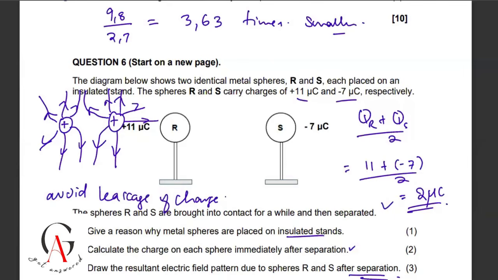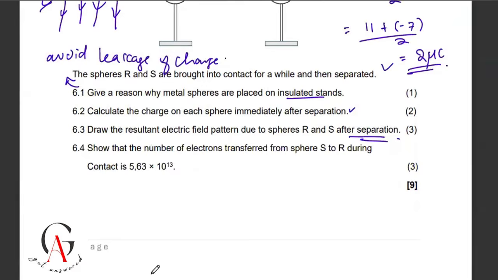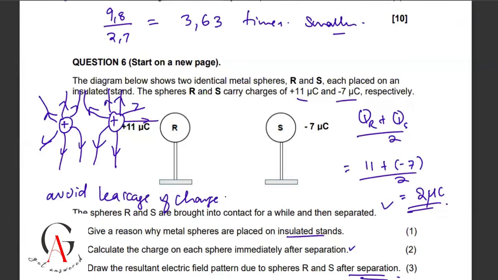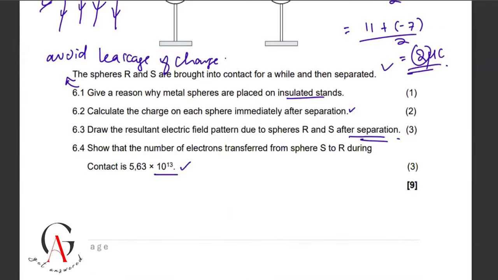Okay. Then 6.4, show that the number of electrons transferred from S to R during the contact is this much. So let's use sphere R. Originally it was 11, and then finally we have a 2. So how many electrons were transferred, or how much charge was transferred?